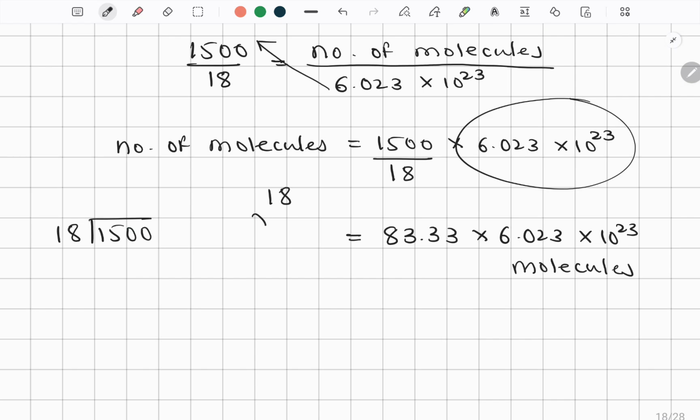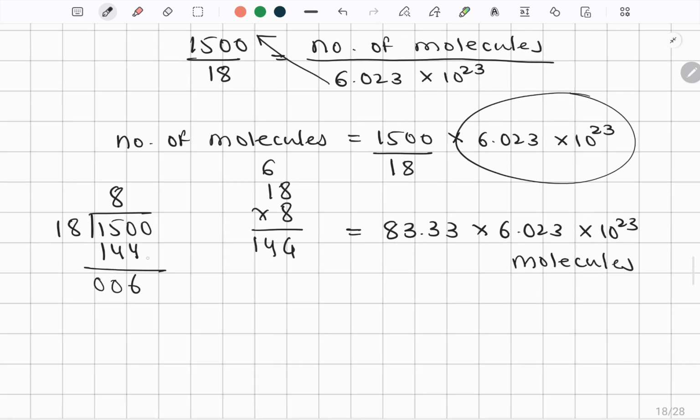First, 18 8s are 144, so it becomes 600, then the 0 comes over here, so 60. So 18 3s are 54.